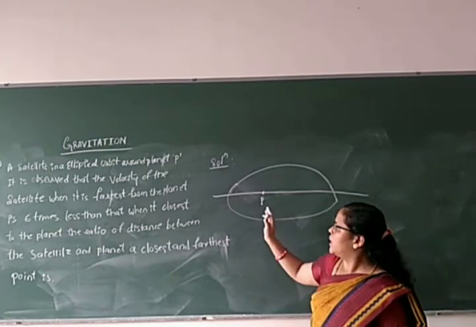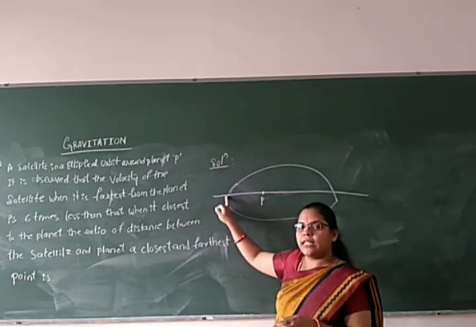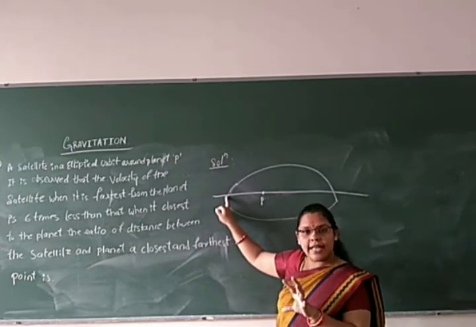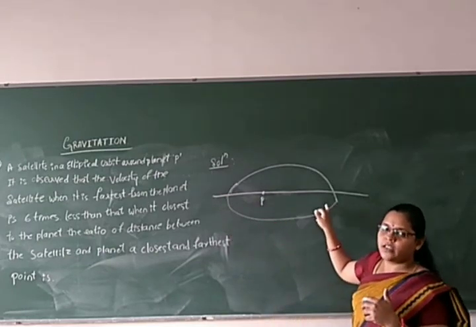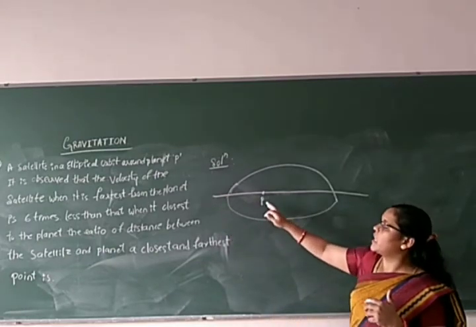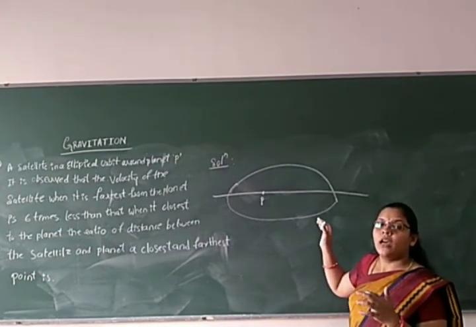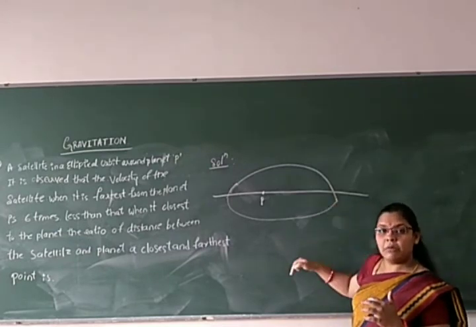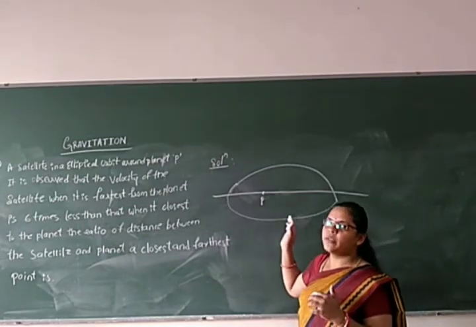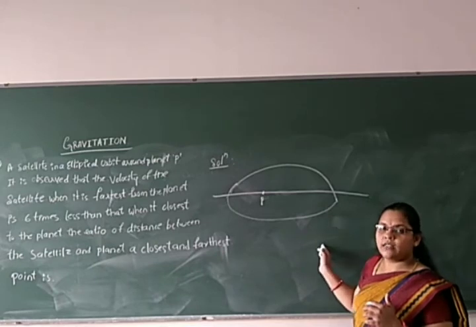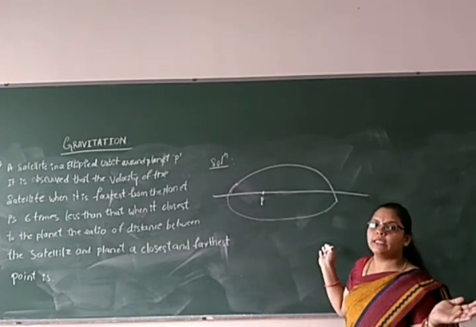Perihelion is where the planet is very near to the sun, its radius is less and velocity is maximum. Similarly, when the planet is very far away from the sun, that distance we call aphelion, where velocity will be minimum because it is moving very slowly, being far away from the sun. So its velocity decreases and the distance is maximum there.